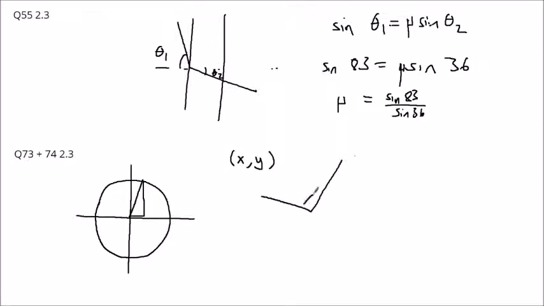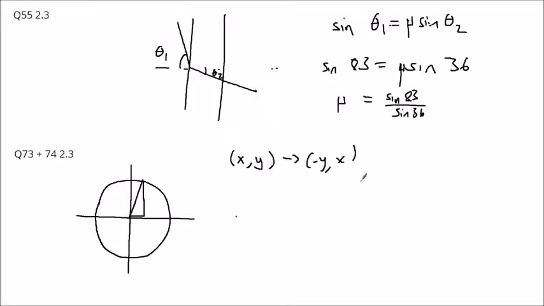This looks like the y now, and this looks like the x now. So this is not x comma negative y, this is negative y comma x. So now it becomes negative y comma x whenever you rotate it 90 degrees.